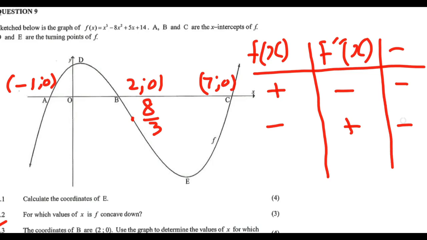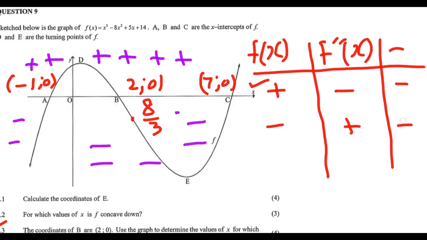Now analyze the scenarios. I'm going to analyze scenario 1 first: f(x) is positive and the second derivative is negative. First we look at f(x). Above the x-axis, f(x) is positive, and below the x-axis, f(x) is negative.